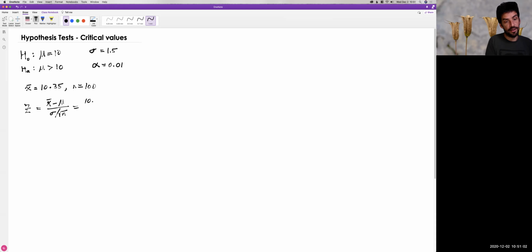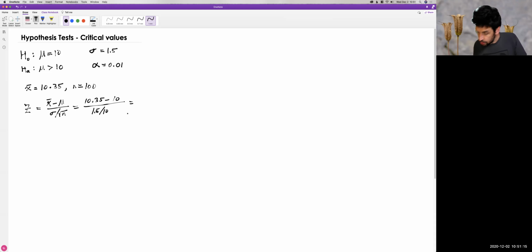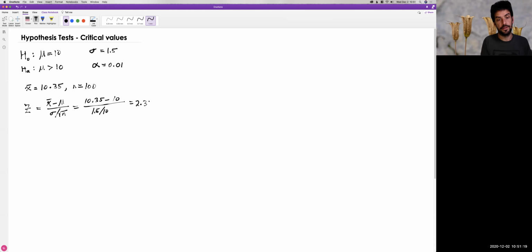So in this case, that's 10.35 minus 10 over 1.5 divided by the square root of 100, or 10. If you work this out, 2.33. Okay, there's our test statistic.